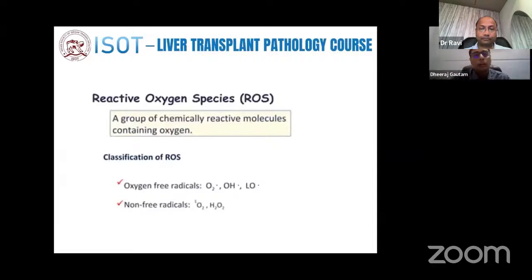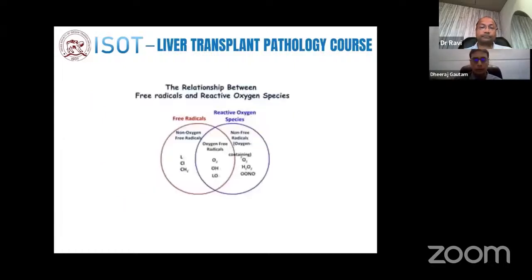So the reactive oxygen species, that is ROS, are a group of chemically reactive molecules containing oxygen. The classification of ROS is of two types. One is oxygen free radicals, that is O2-, OH, and LO. The other is non-free radicals, that is O2 and H2O2.